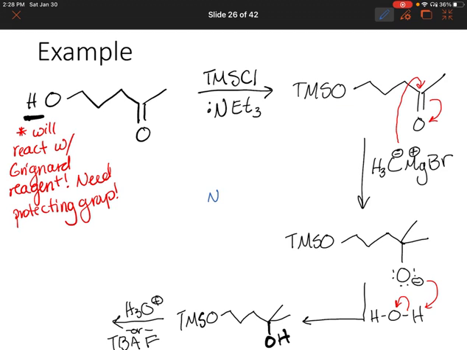It has a nitrogen in the middle, and it's surrounded by butyl groups, so 4 carbon chains. And it also has a fluoride ion that's hanging out. So the fluoride ion is really the important part here. All right, and we're not going to go over the mechanism for this, but it's just good to know what these things look like.